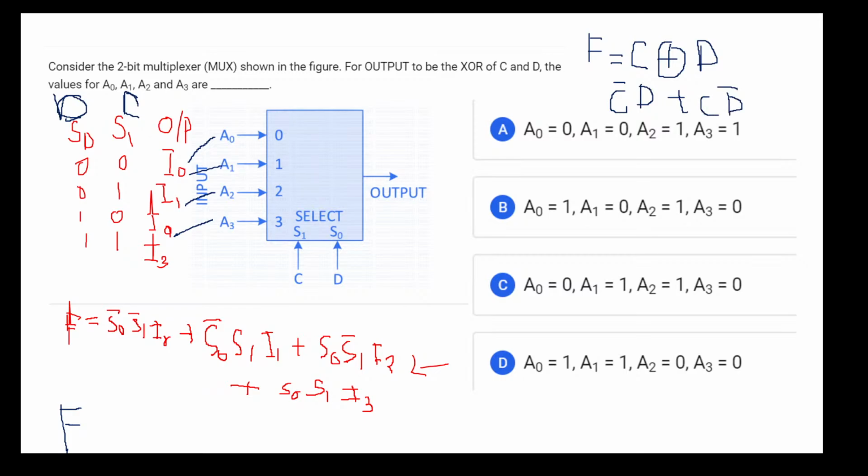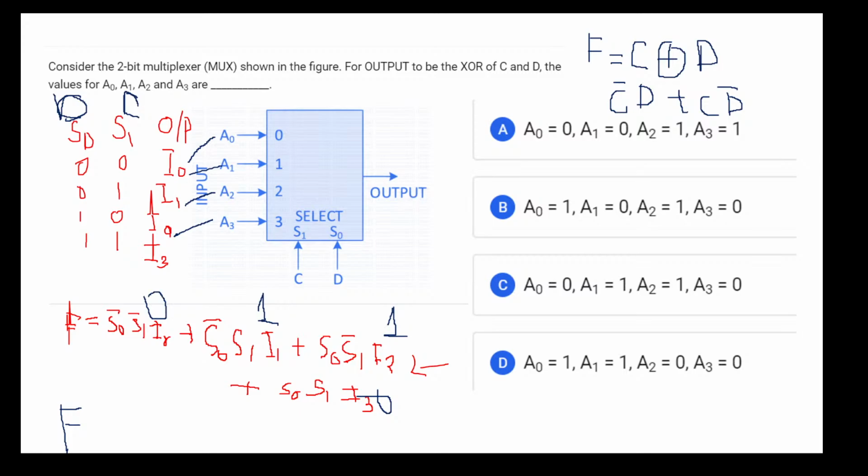So to have the output C XOR D, A1 should be 1 and A2 should be 1, and the remaining two terms should be 0.